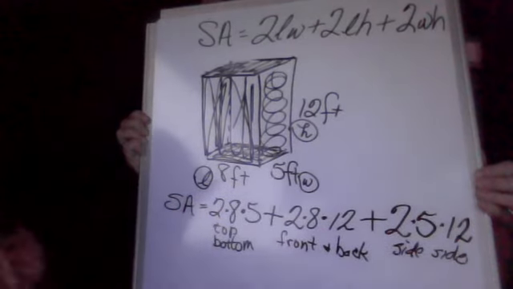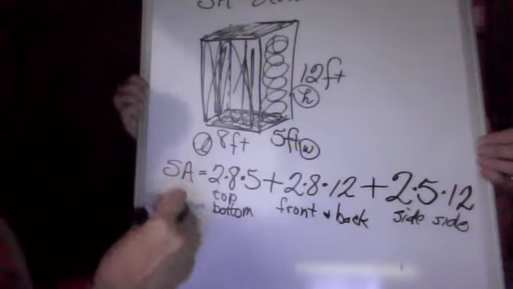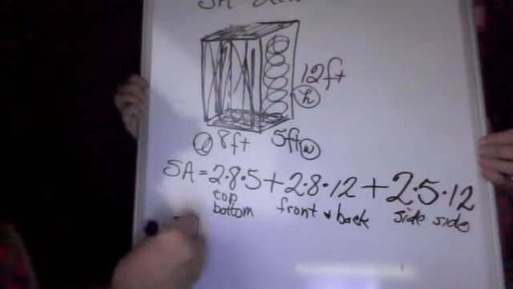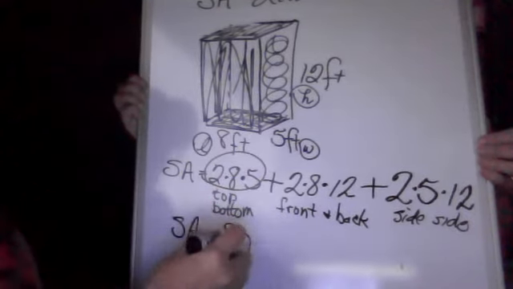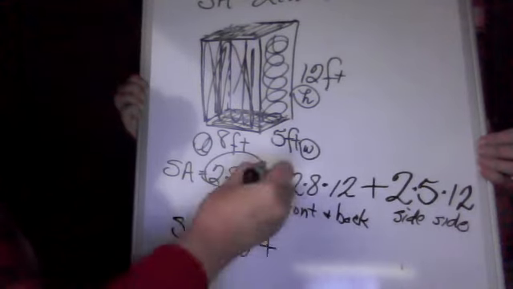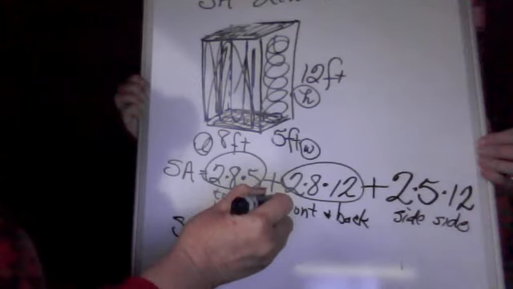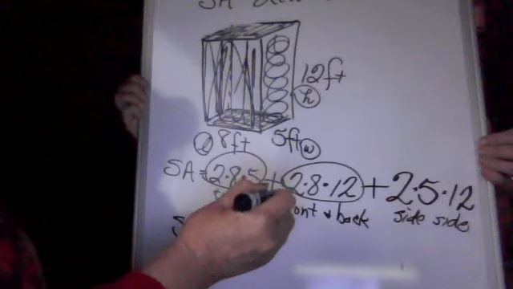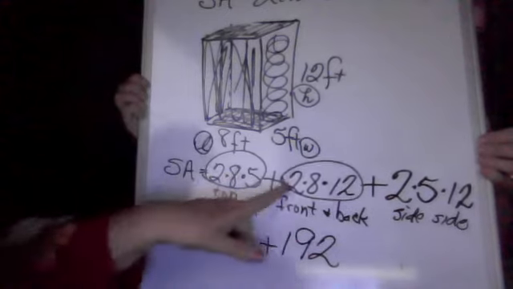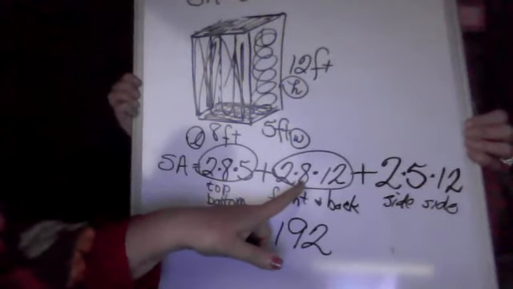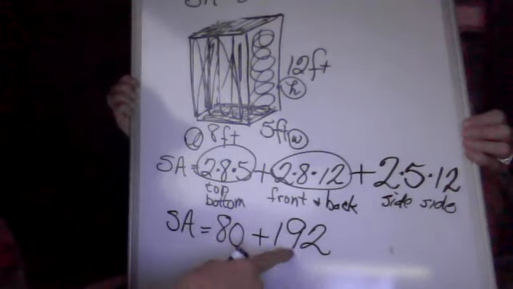So we're going to finish this up with the mathematics now. 2 times 40, so surface area is going to equal, this is 80, plus this is, I hope I can do this, 96, 192, I hope. 192 is this, 12 times 96, 192, okay, and that's this answer.